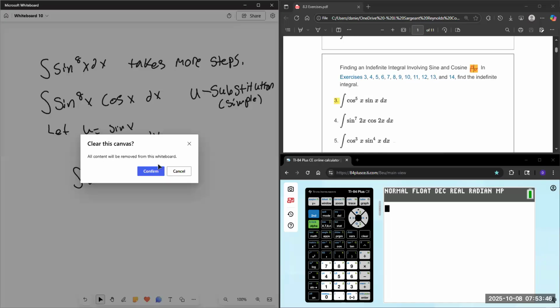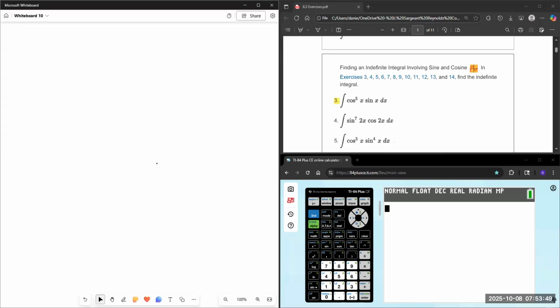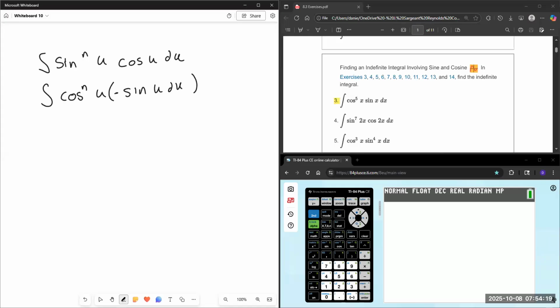As we go forward, let's just remember that we're looking for some patterns here of things that are in the form of sine to the n u cosine u du, or cosine to the n u sine u du, and I can make this negative here because the derivative of cosine is negative sine.